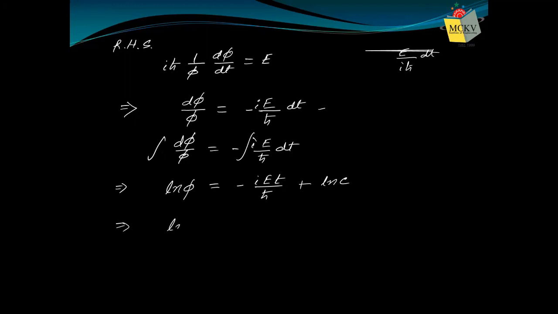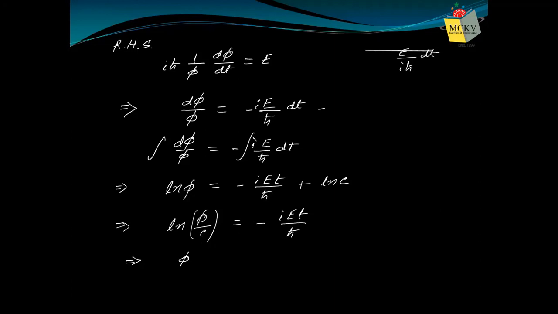That means we have log of phi by c equals minus iEt by h cut. What will be phi by c? Phi by c equals e to the power of the right hand side, because we have ln, natural log, on the left hand side.